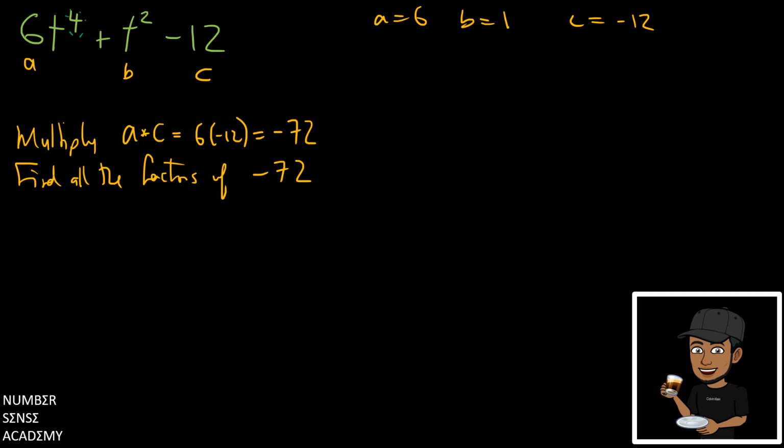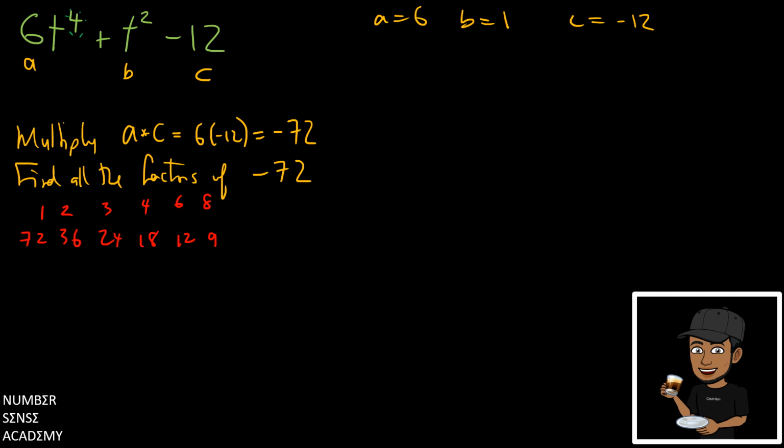So I know I have 1 and 72. I have 2 and 36. I have 3 and 24. I have 4 and 18. I have 6 and 12. And I have 8 and 9. Those are all the factors.